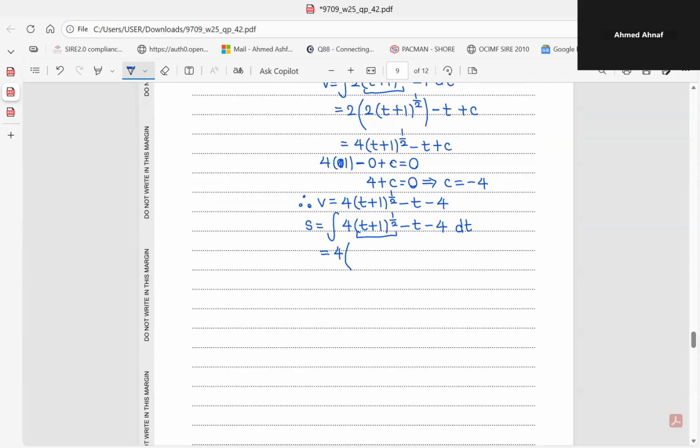So you divide by 3 over 2, you get 2 over 3 times t plus 1 to the power of 3 over 2, divided by the derivative of t plus 1, minus the integral of t, which is t squared over 2, minus the integral of 4, which is 4t, plus c. Then you would get 8 over 3 times t plus 1 to the power of 3 over 2, minus t squared over 2, minus 4t, plus c.